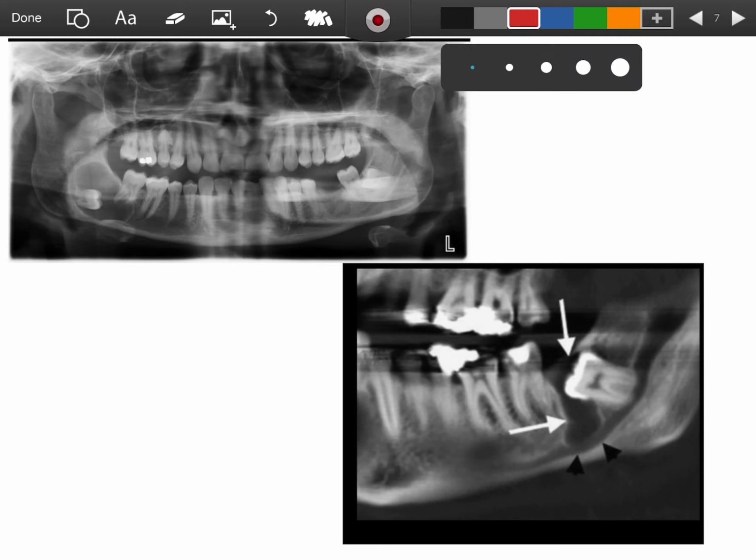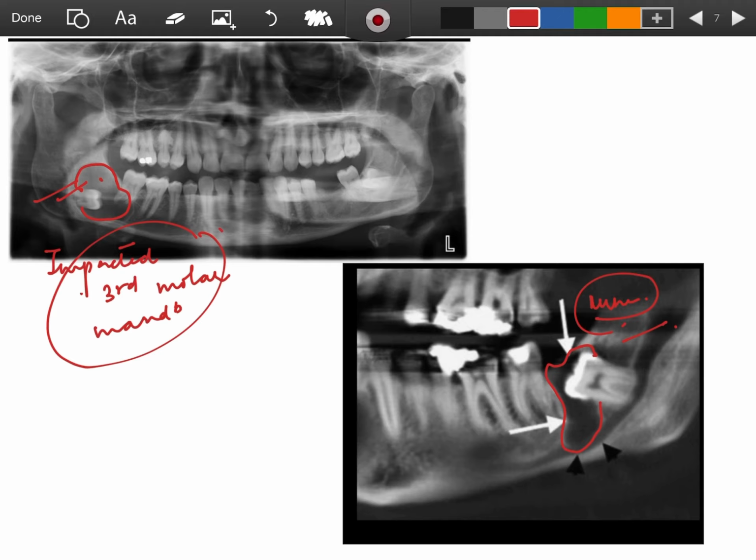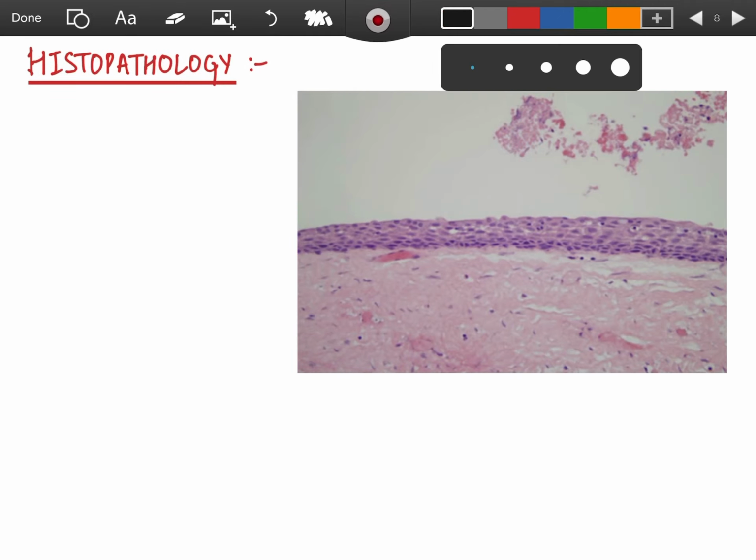So these are the radiographic pictures. In the first, we see a unilocular radiolucency which has a well-defined border, and it surrounds the impacted third mandibular molar. In the second, we are seeing a third mandibular molar, and there is a cyst lining surrounding it.